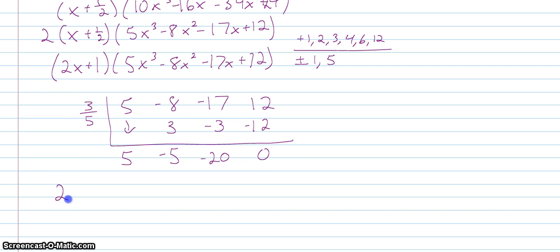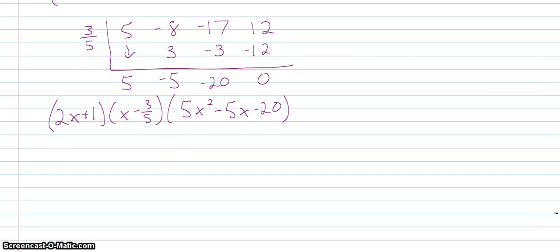So far we have 2x plus 1, x minus 3/5, 5x squared minus 5x minus 20. Now here I see that there's a common factor of 5, and that'll get rid of that 3/5 nicely to make it look like something we're more used to.